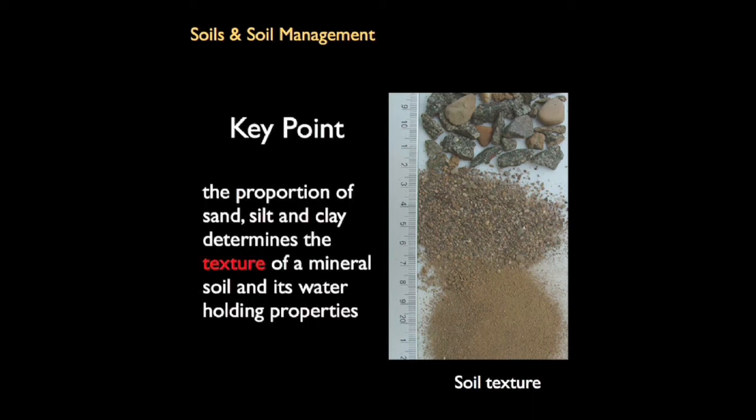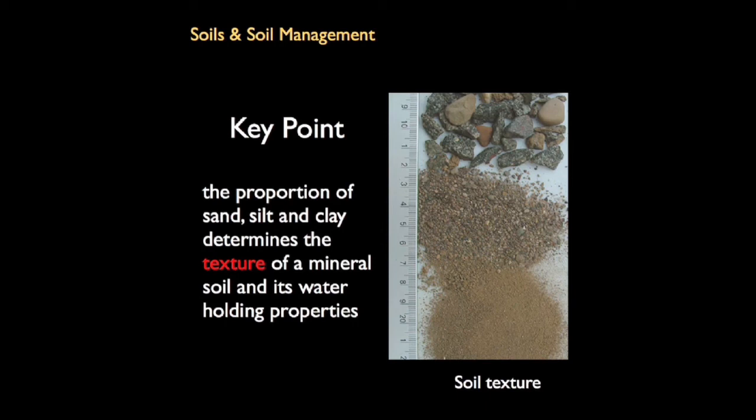It is essential to understand that the relative abundance, or the proportion, of sand, silt, and clay in a given volume determines the texture of a mineral soil and also its ability to hold water.